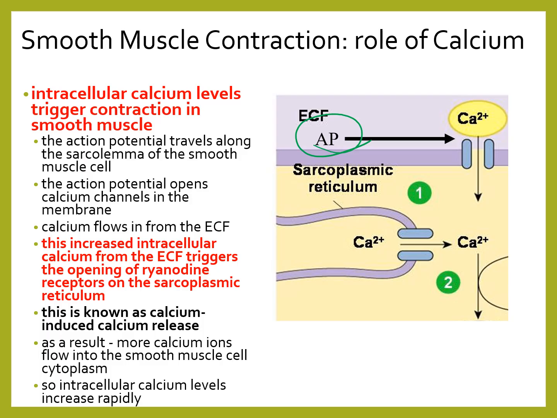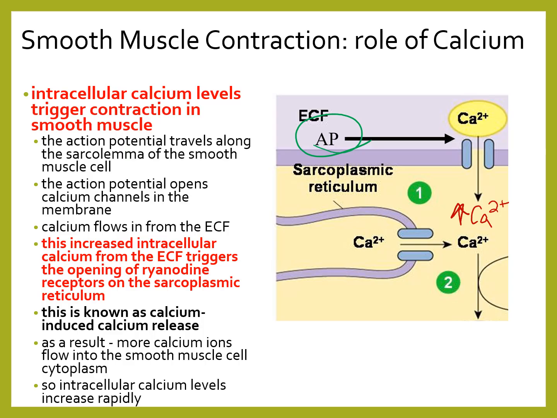It is going to cause the opening of voltage-sensitive calcium channels. So these are going to be voltage-gated calcium channels that are embedded in the membrane. Calcium is now going to flow into the smooth muscle from the extracellular environment. So we are going to get a small but definite increase in calcium levels within the smooth muscle fiber.